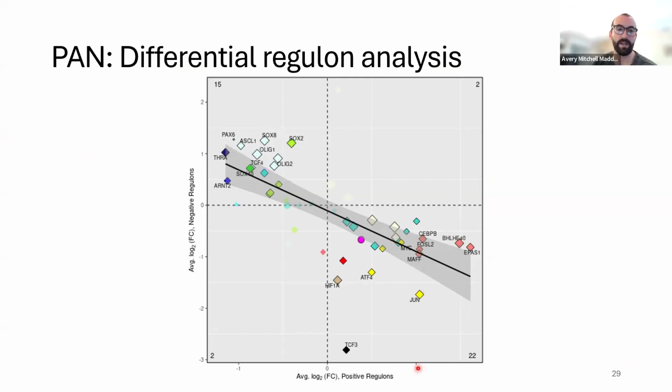With our regulon analysis, we find that hub genes of module 4, BHLHE40 and EPAS1, are differentially expressed in the PAN region, along with their targets.